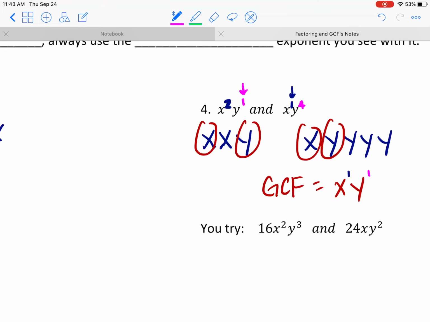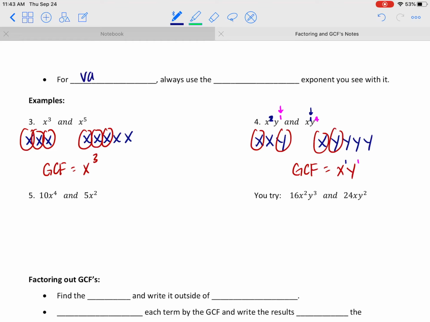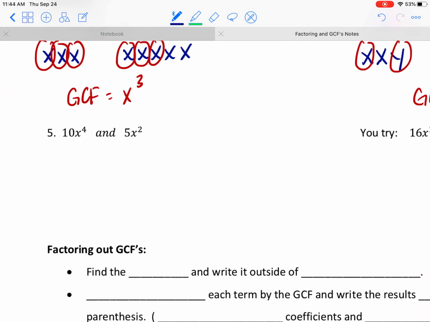The 1, that's what they have in common. Okay? So for variables, pretty simple. For variables, you're going to be using the smallest exponent that you see with it. So if you have x's in your terms, look for the smallest exponent on x's. If you have y's, look for the smallest exponent on y's, and so on.